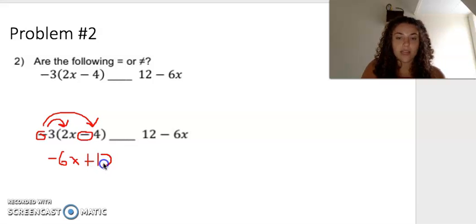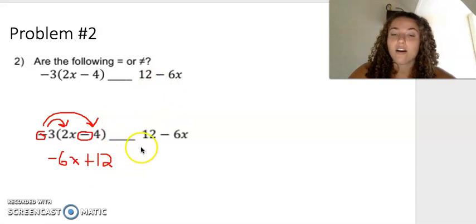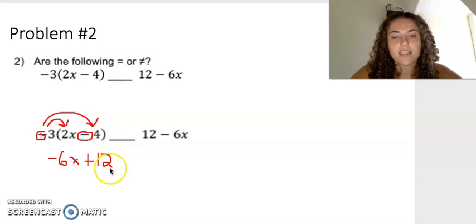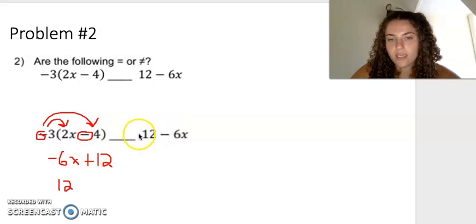Now, quickly looking at this, they don't look exactly the same. This is a negative 6, and this starts with a 12, and then we're subtracting, and here we're adding. But taking a second to readjust, we can see that they are actually the same. If we were to rewrite this, it would be 12, because it's a positive 12, and there's no negative sign in front of it.